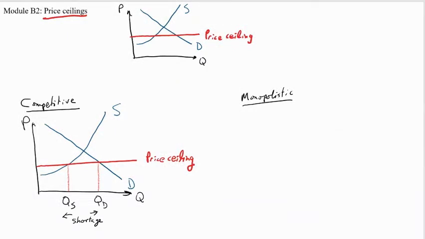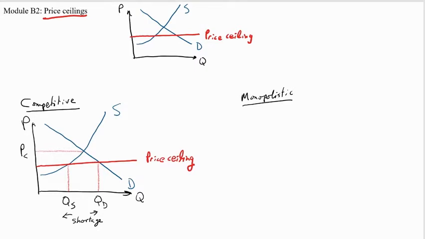Another way of looking at this outcome is to ask, how does this differ from what we would have had without the price ceiling in place? Well, starting from the supply and demand curve, the original price without a price ceiling would have been given by, I'll say, P sub C to indicate that that's the price with competitive market conditions.